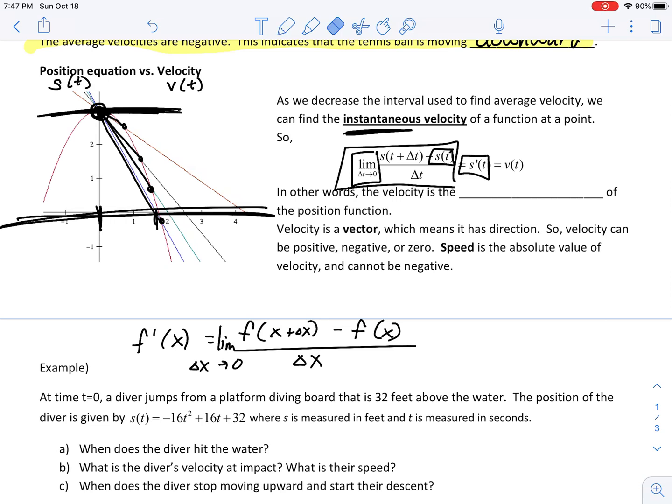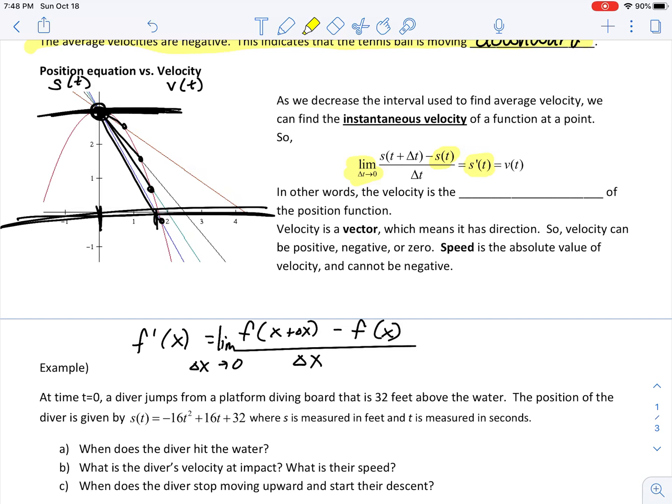That's the same thing that's happening up in this limit that I keep drawing all over. So this is position at a certain time, and when you take the limit, you get the slope of the line at a certain point.